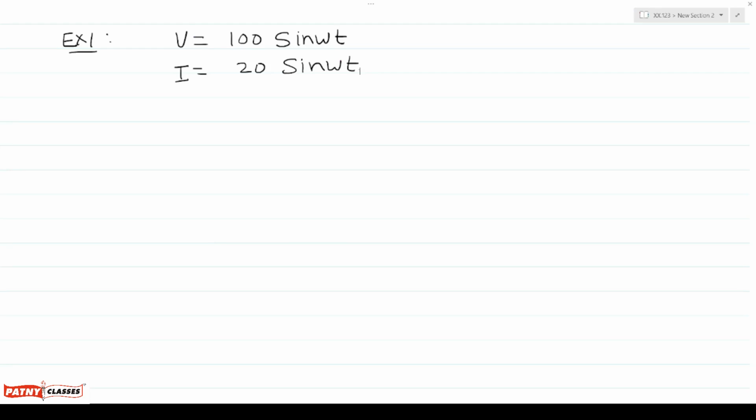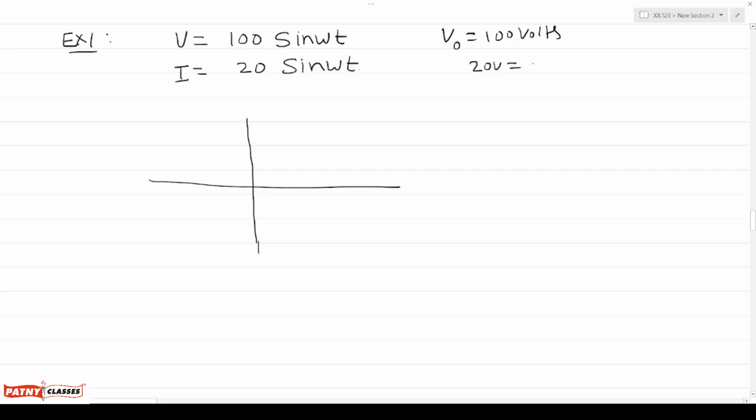Here is an example. V equals 100 sin omega t and I equals 20 sin omega t. We need to draw the phasor diagram for this. First of all, draw the x-axis and y-axis, and the V naught value is 100 volts. Let us take a suitable scale, like 20 volts equals 1 centimeter. Both are in phase because both have the same trigonometric function, and voltage is 100 volts. So we draw a 5 centimeter line here.